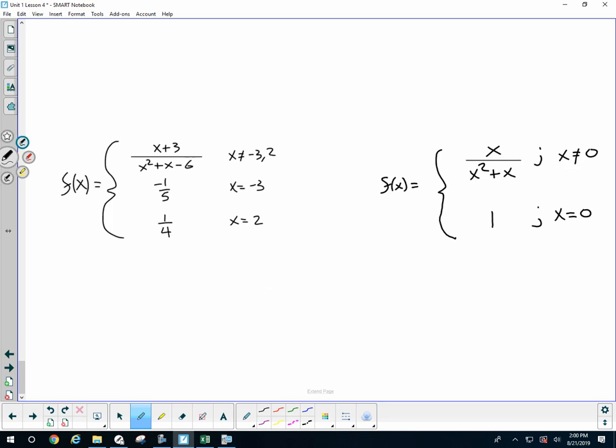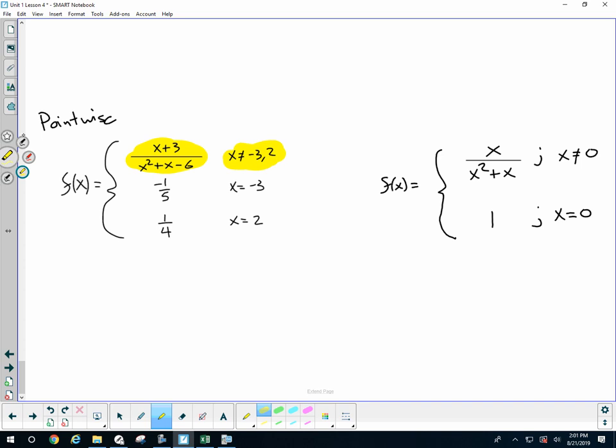These guys. This really isn't a piecewise function. This is a pointwise function. Why is it not a piecewise? Because I'm using this top piece for every single x value except for just 2 points.